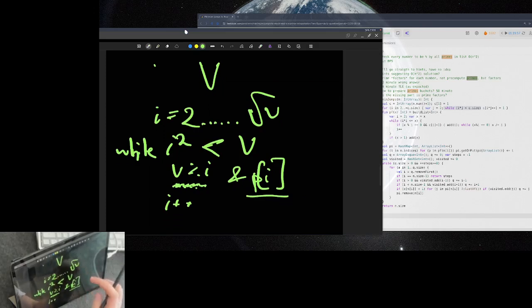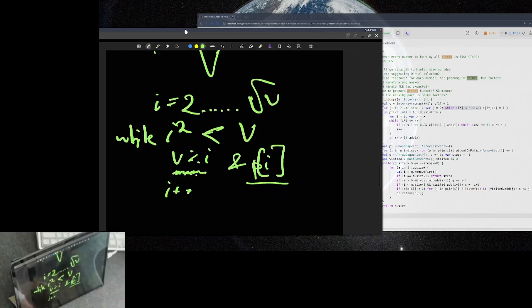And then if it is, we are adding this i as a good factor, so plus i. And the interesting step is this extra while loop. We are decreasing the v.